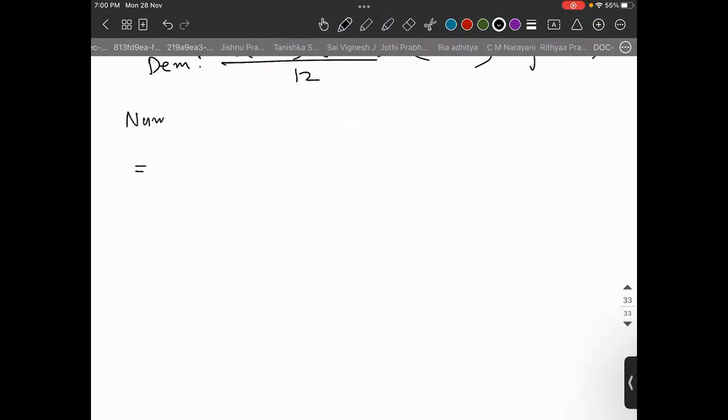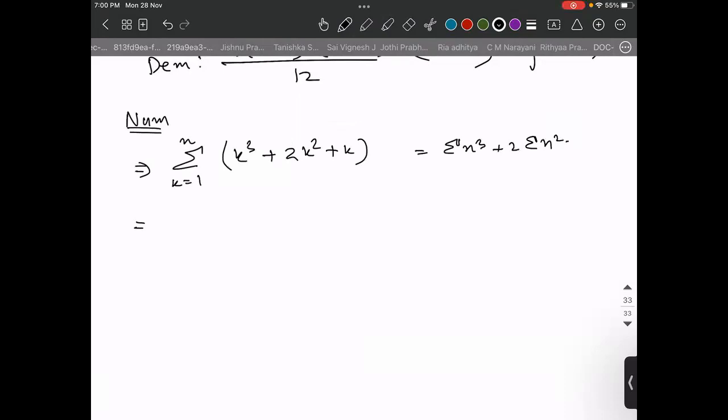Numerator. See, numerator is summation of k cube plus 2k square plus k, which k is from 1 to n, right? So how do we write this? Summation of n cube plus 2 times summation of n square plus summation of n.